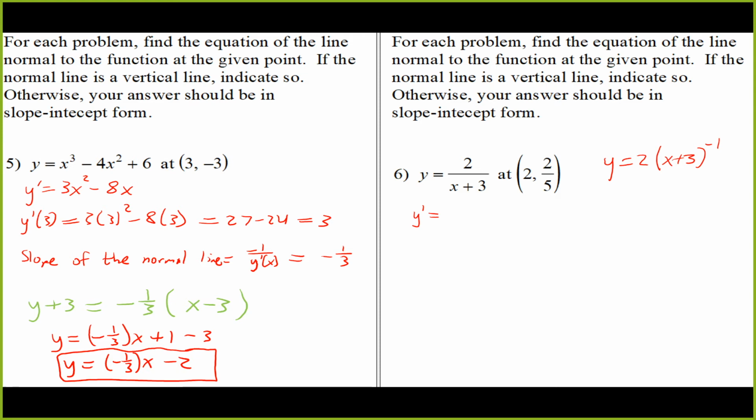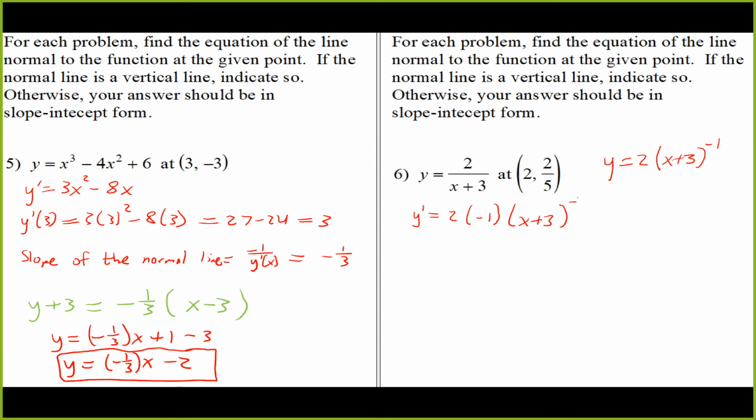What happens if I derive this y right now? Is it going to be x plus 3 to negative 1 times? Okay, so I've got 2, you've got negative 1 that you were multiplying times x plus 3 raised to what power?